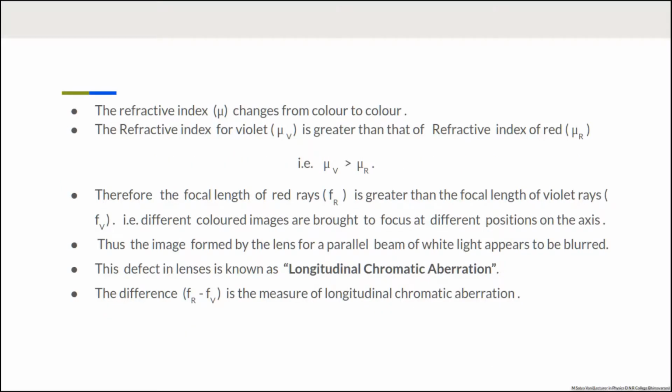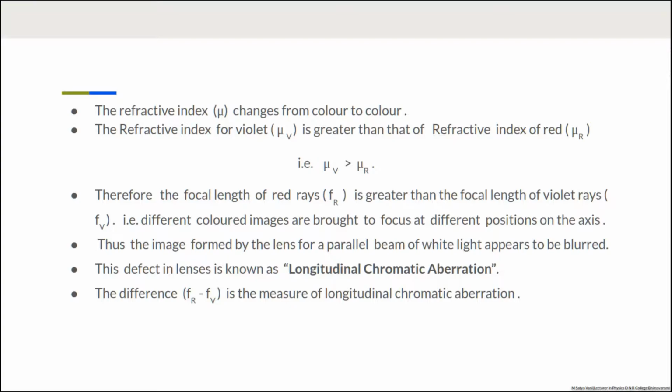We know that the refractive index mu changes from color to color. Refractive index for violet is greater than refractive index for red, that is mu v is greater than mu r. Therefore, focal length, which is inversely proportional to refractive index, is such that fr is greater than fv.